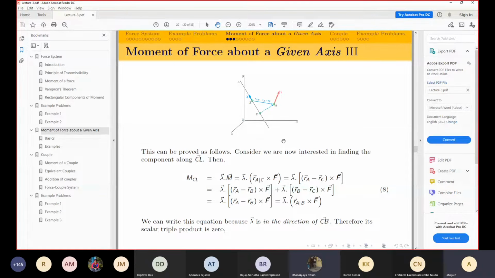Can you give an example of moment in a real life situation?